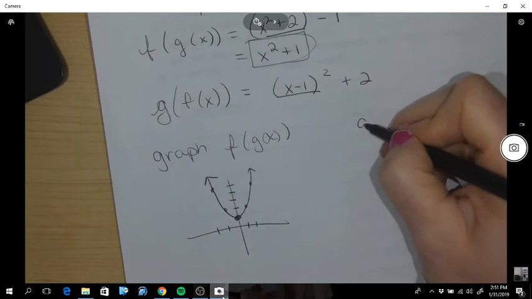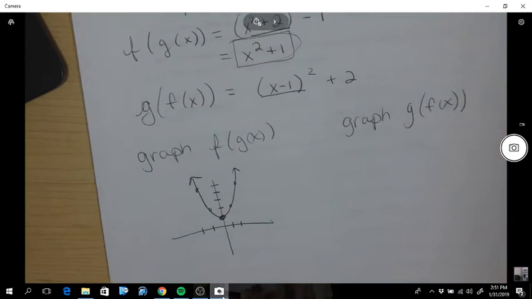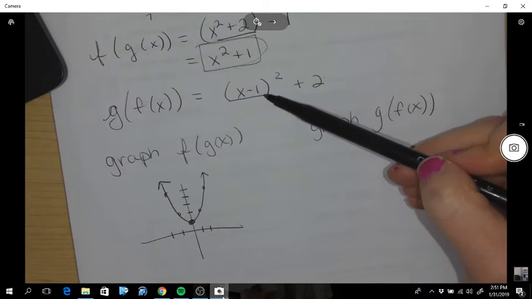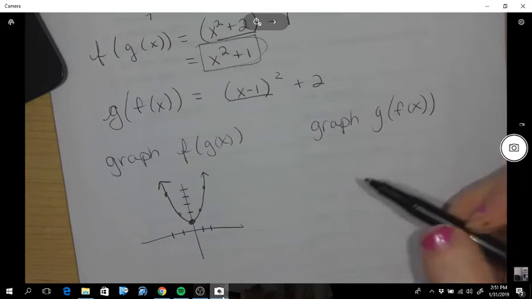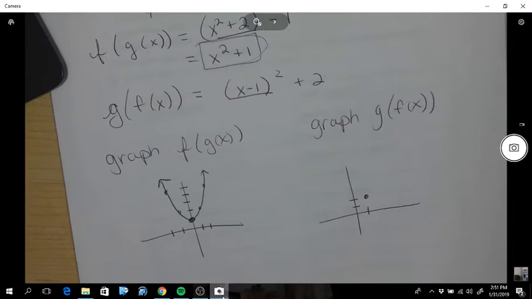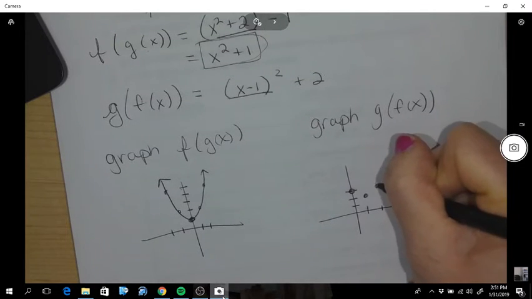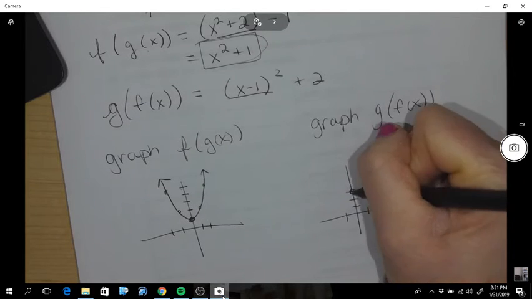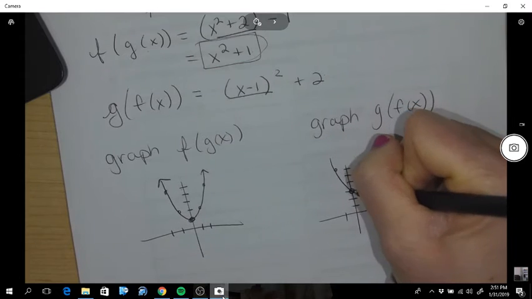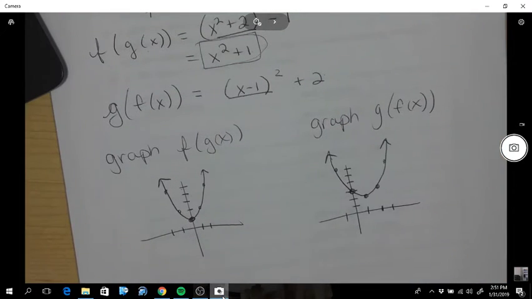Okay, let's graph g of f of x. So this is a parabola again, and it's shifted right 1, up 2. So there's the starting point, and our maneuvers are over 1, up 1, over 2, up 4. Okay, and there's your two composite functions.